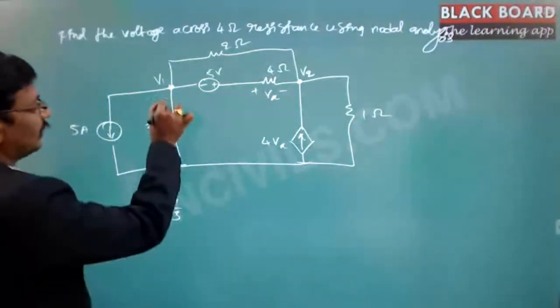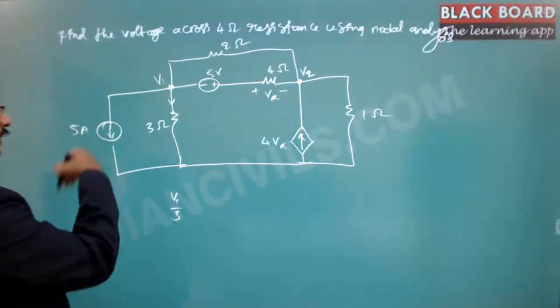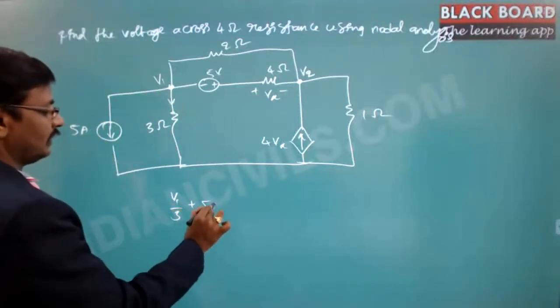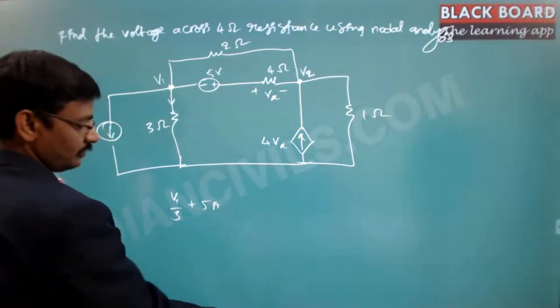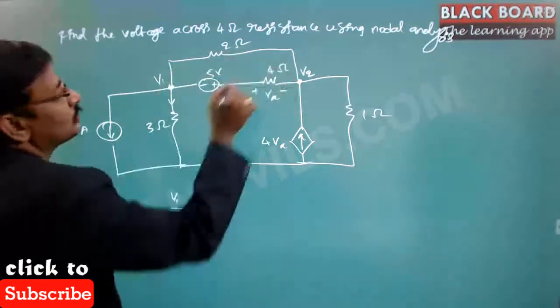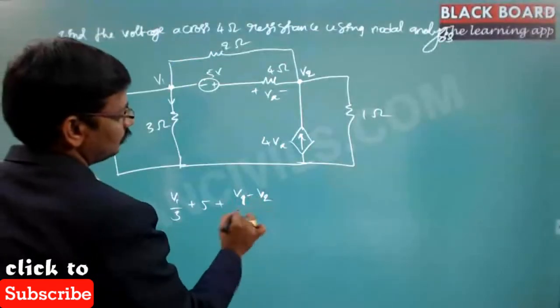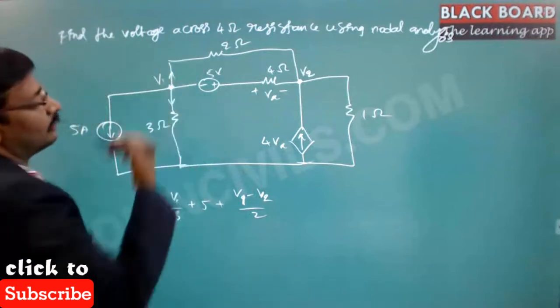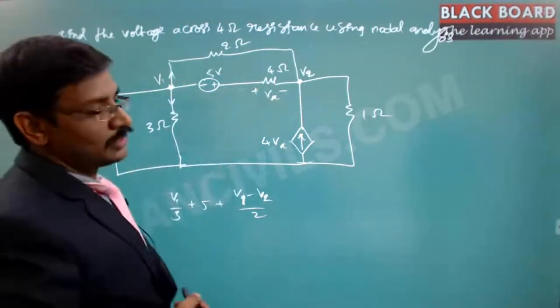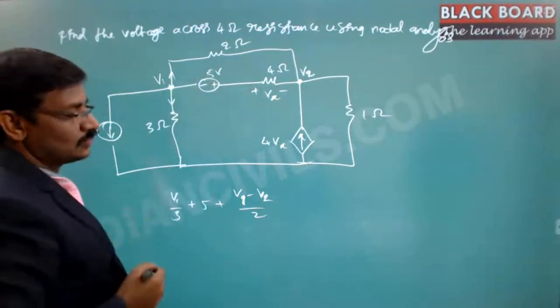V1 by 3 is the current that is passing through this resistance, and then there is a 5 amperes current that is passing away in this direction, and then there is V1 minus V2 by 2, that is the current that is passing above. And for this current, it is V1 minus, and there is a voltage source here.